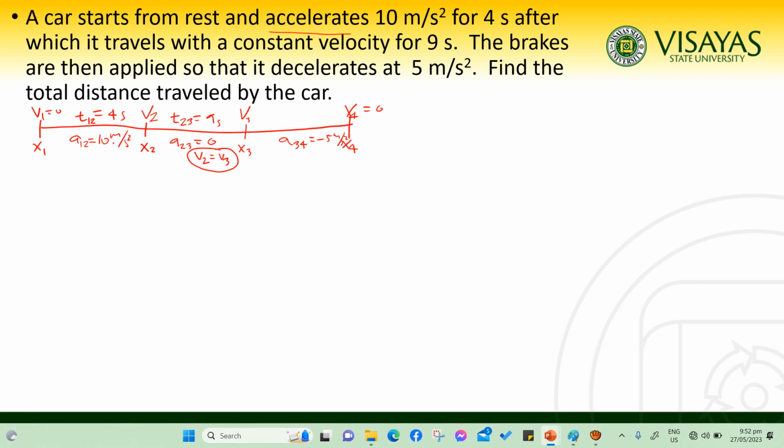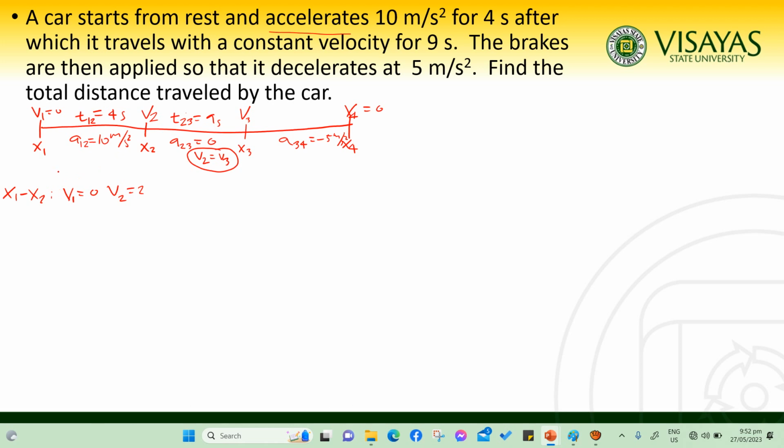We now have the picture of the problem. We are going to start solving from x1 to x2. We are given the initial velocity v1 equal to 0, then v2, which is basically unknown.